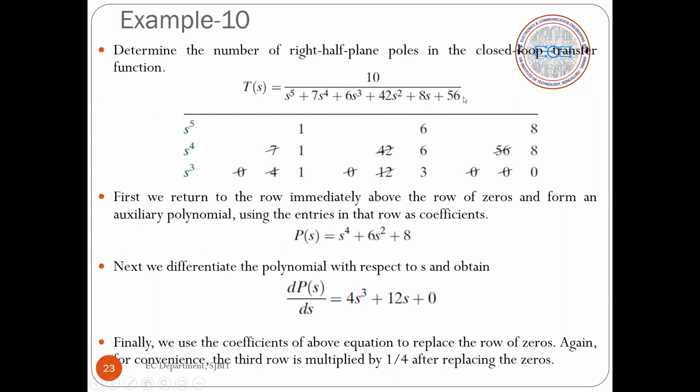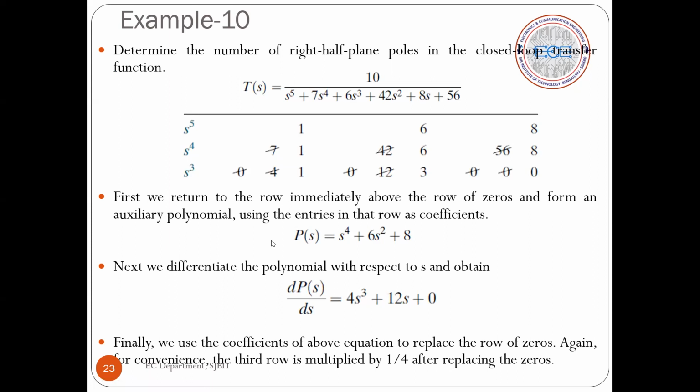This is the equation we have. For this, we have to construct the Routh-Hurwitz table, and we have to determine the number of right half plane poles, that is, roots existing in the right half of the S plane.